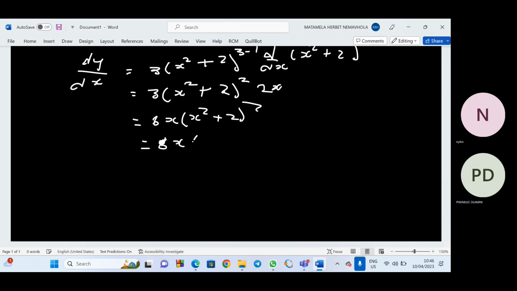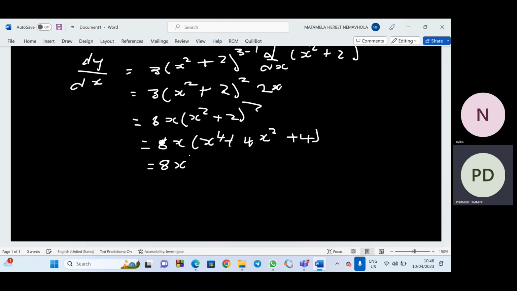Expanding, (x squared plus 2) squared is x to the power 4 plus 4x squared plus 4. Then multiply by 6x, giving 6x to the power 5 plus 24x cubed plus 24x.